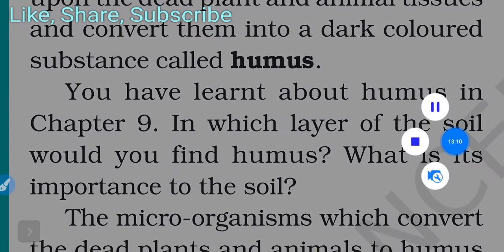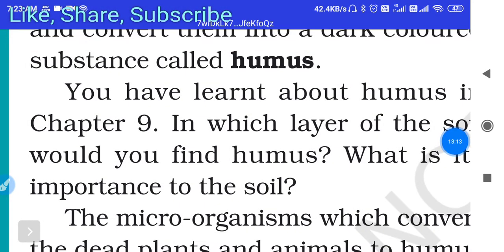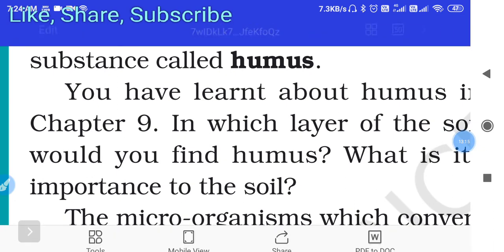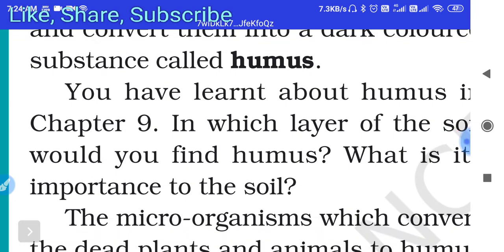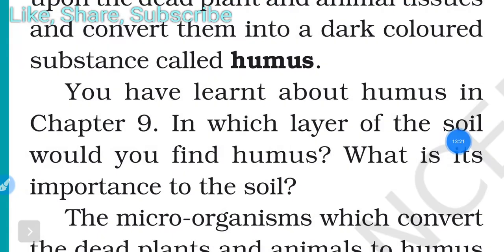Can you tell in which layer of the soil you would find humus? It's the uppermost layer. What is the importance of humus?